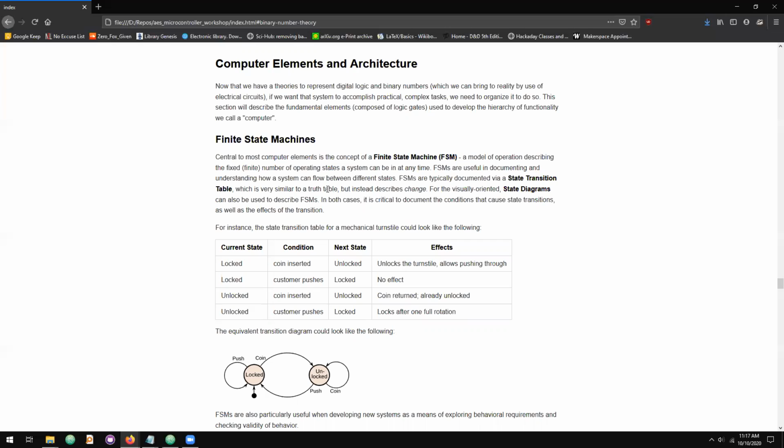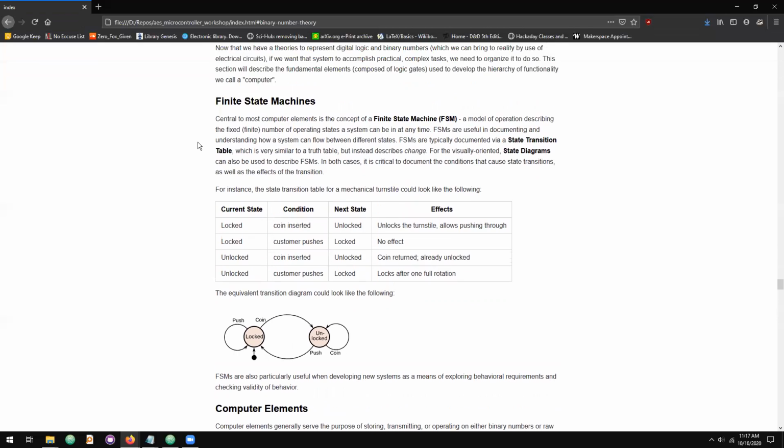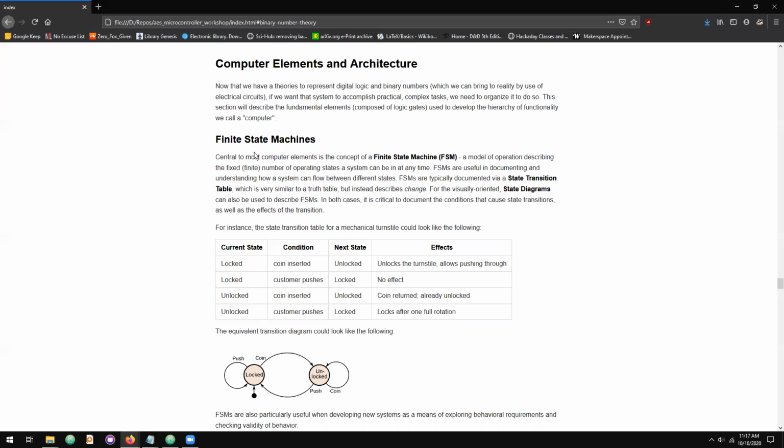So first, we're going to start with computer elements. And to really understand computer elements, we have to introduce this concept of a finite state machine. A finite state machine is a theoretical model of how something operates. What it's describing is a system that has a fixed or finite number of operating states. What I mean by that is you need to be able to represent your system states discretely.